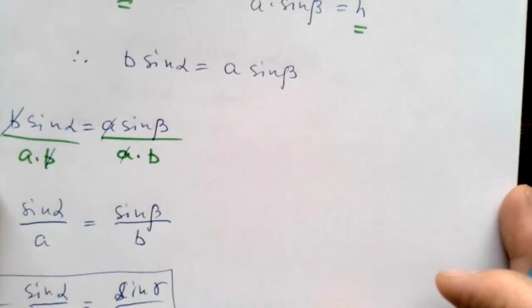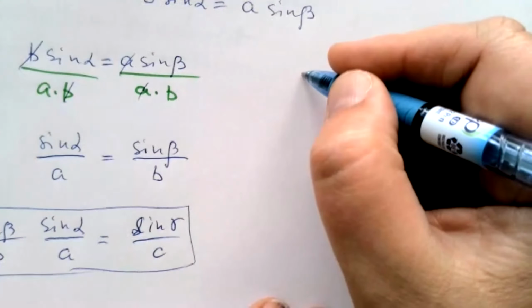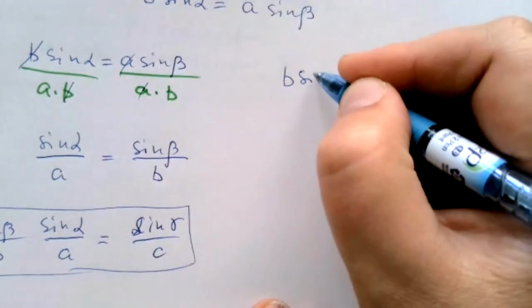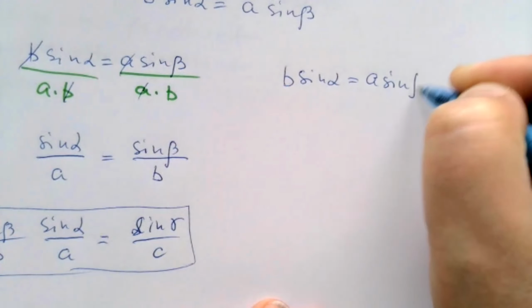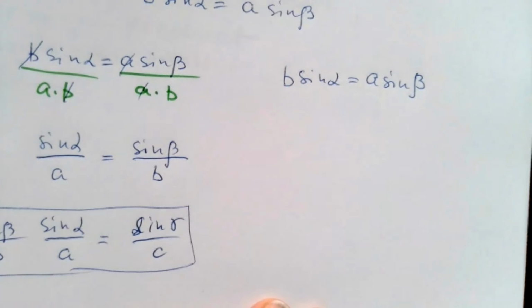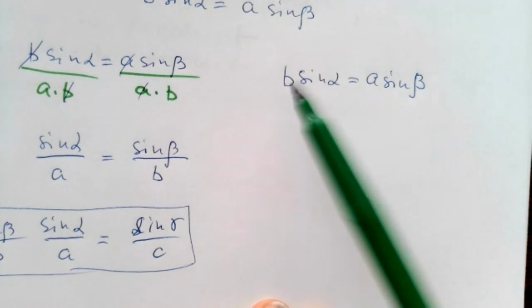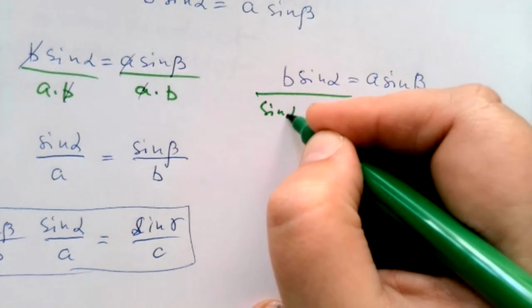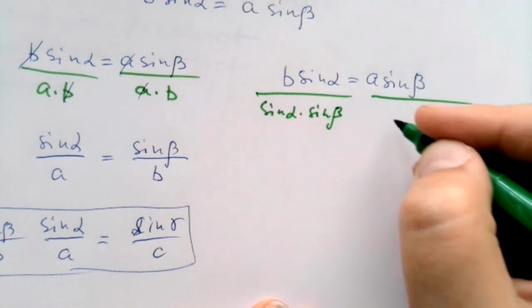Now I want to do it again, this time dividing by sines. We had b sine alpha equals a sine beta. But this time, instead of dividing out a and b, I'm going to divide out sine alpha multiplied by sine beta.